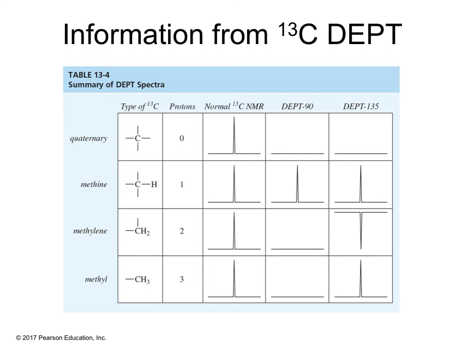These are kind of more my favorite here, though. I like these because they show you if you have an even number, it goes negative. If you have odd, it goes positive. So there are some neat little spectra that you can do with carbon.